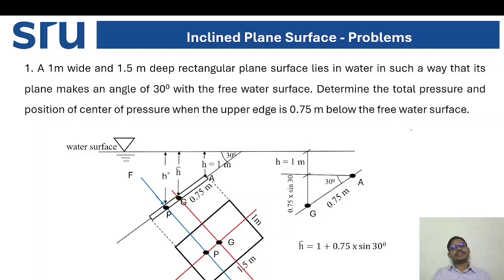Now we'll see one problem so that you will understand. An inclined plane surface: a rectangular plane surface 1 meter wide and 1.5 meters deep lies in water in such a way that its plane makes an angle of 30 degrees with the free water surface.